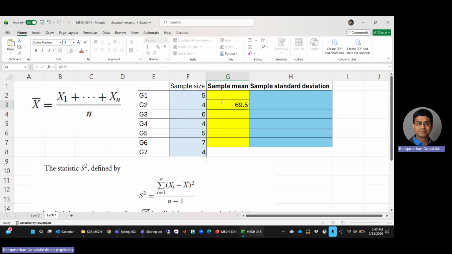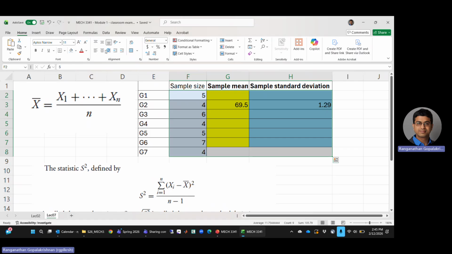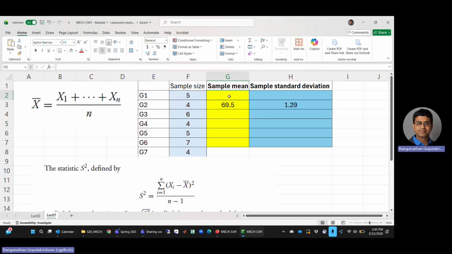And what is the sample standard deviation? 1.29. So you use this 4 minus 1, 3, right? You divide by 3. Yes. Okay. So one representative from each group, please call me and tell me your statistics.